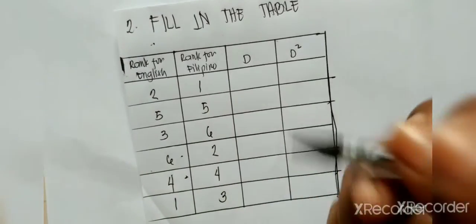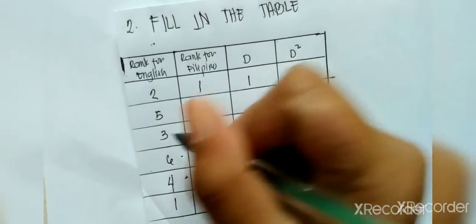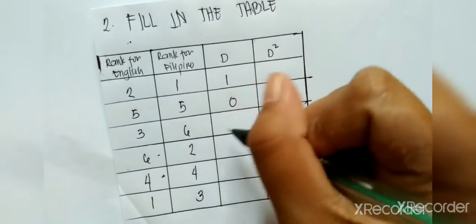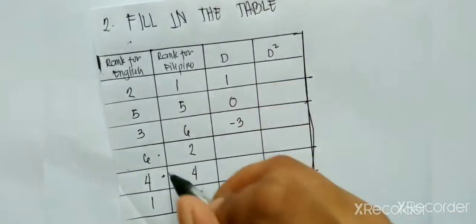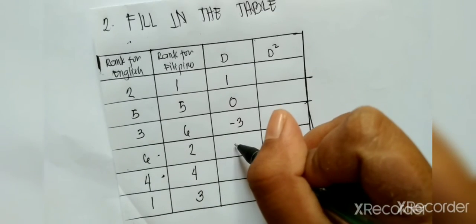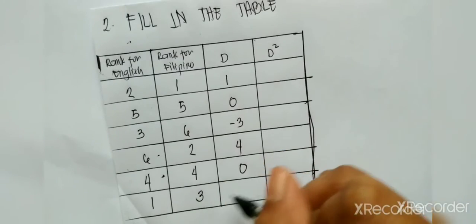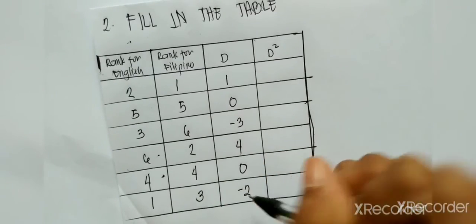So 2 minus 1 is 1. 5 minus 5 is 0. 3 minus 6 is negative 3. 6 minus 2 is 4. 4 minus 4 is 0. And 1 minus 3 is negative 2.